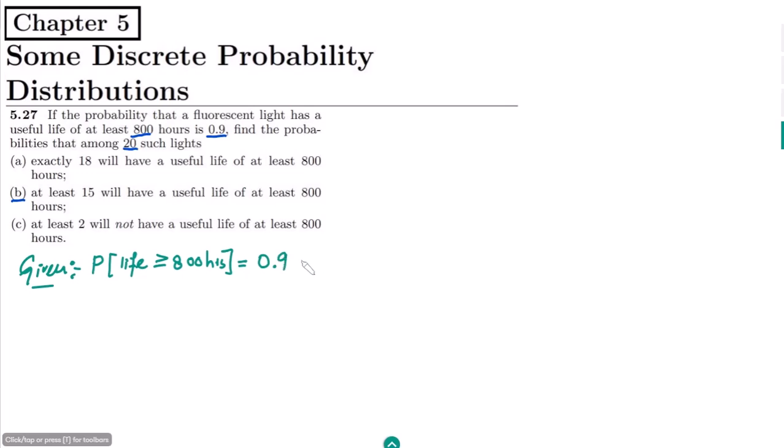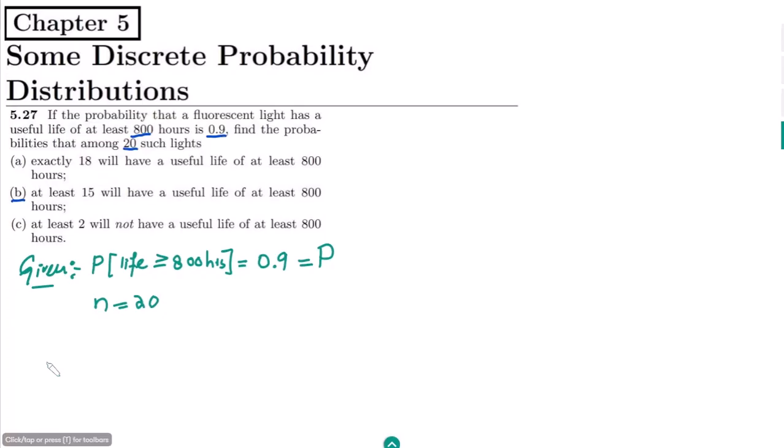Let me call it the probability p of the true event. Similarly, here we have the total lights, which is n equal to 20. Okay, this is what we are given.